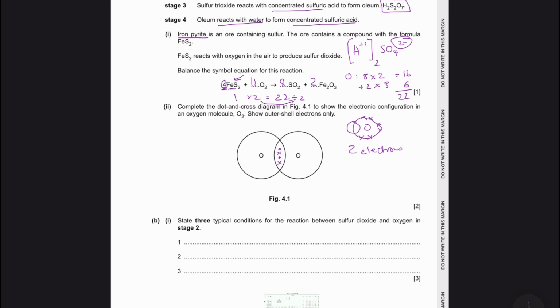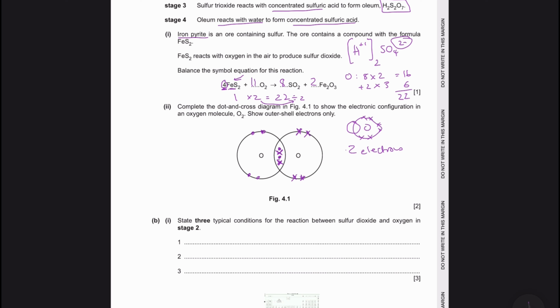We can't gain more electrons from nowhere. So for example, we've already got 1, 2 from this atom, 3, 4, 5, 6. We can only have 6 per oxygen atom. And then on the other one we've got 1, 2, 3, 4, 5, 6.